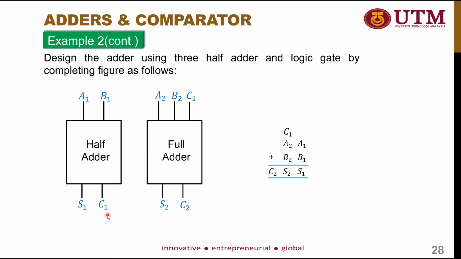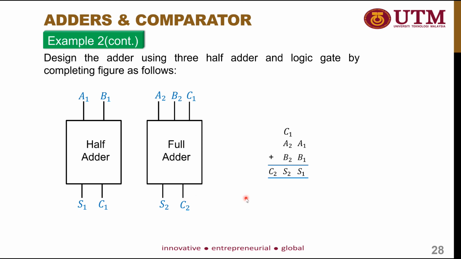Then for the next input, we have a total of 3 inputs, C1, A2, and B2, so we need to use a full adder because a full adder provides the operation for 3-input addition. Therefore, you can directly connect C1, A2, and B2 to the full adder, and you will produce S2 and C2.